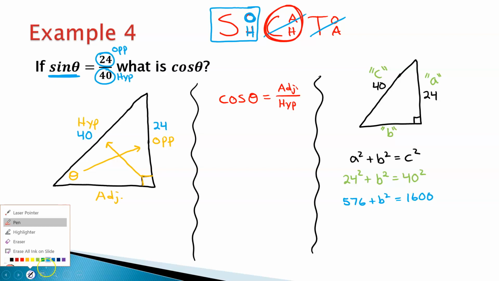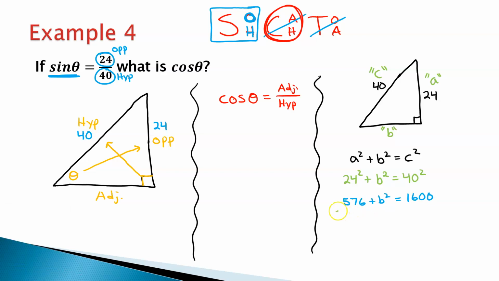If we keep solving it, we're going to subtract 576 from both sides, and we end up with b squared is equal to 1,600 minus 576. This gave me 1,024.